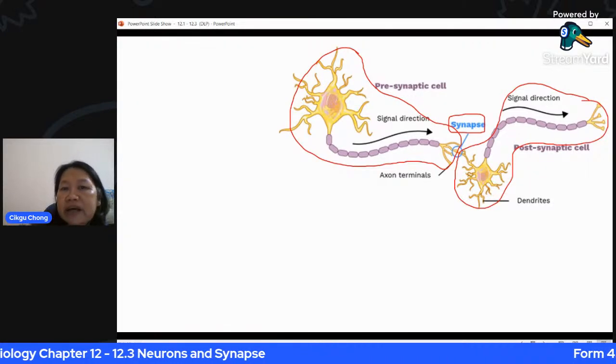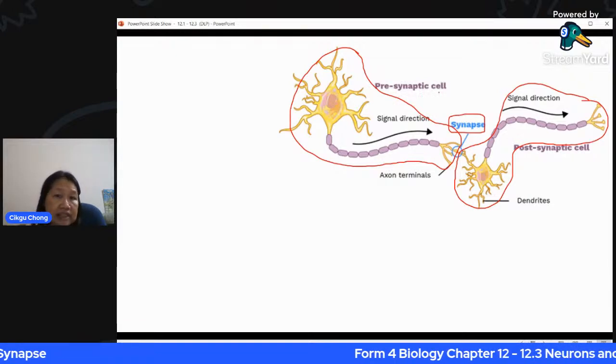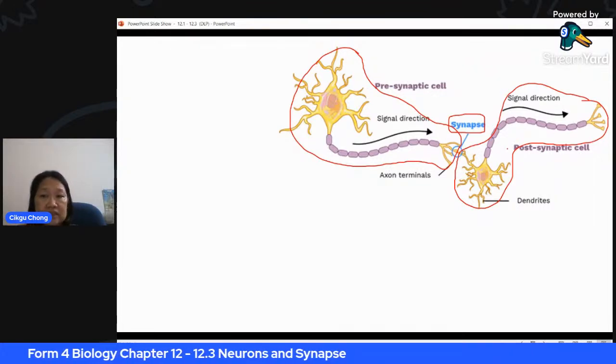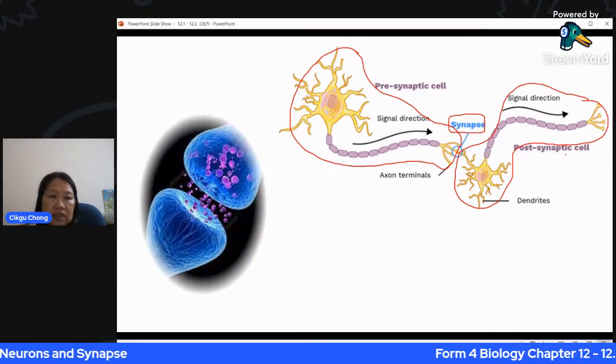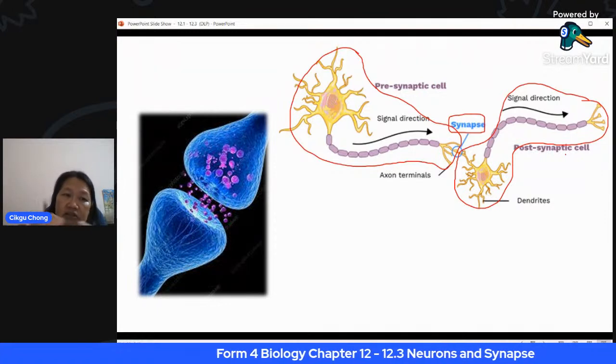The one that is before is called a presynaptic neuron, or presynaptic cell, because a cell is actually a neuron. The other one that receives the impulse is called a postsynaptic neuron. If you magnify that gap, they are actually not touching.